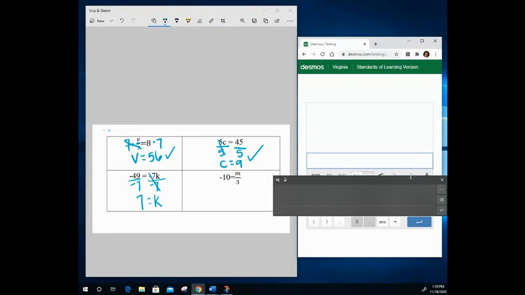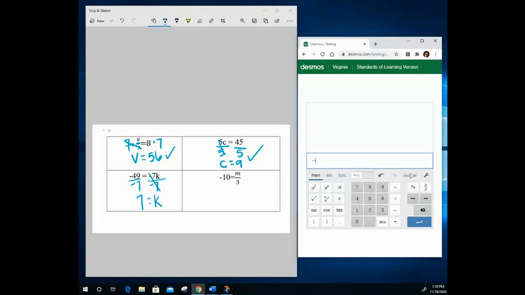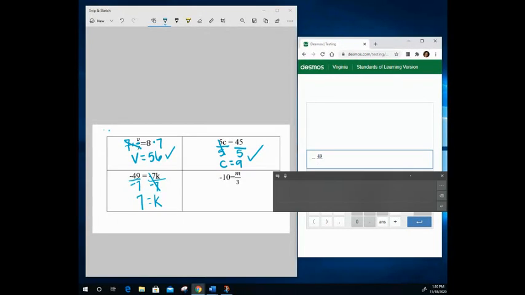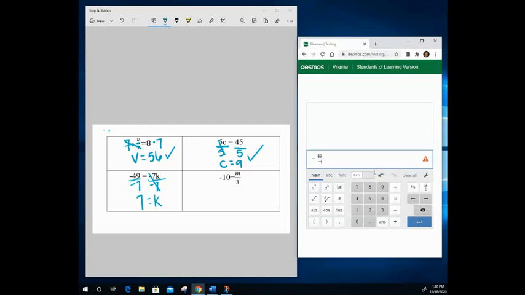I cleared everything, and I would just type negative 49 and divide that by negative 7. And when I do, notice how it gives me our 7, which we got as our answer here. So if you need to use Desmos to help you with your integer operations, you can when it comes to equations.